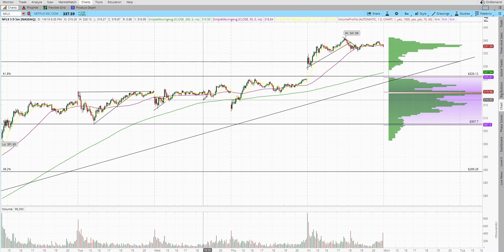And so as it pressed up into 320, I went short and I was filled at $2.18 or $218 per contract, and I sold short 2 contracts for a total of $436.